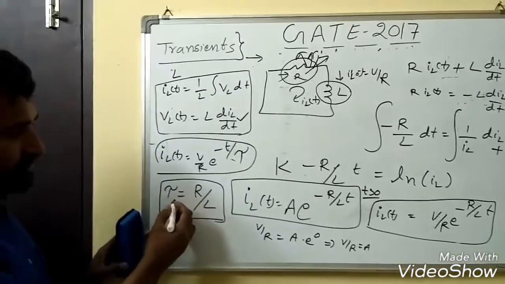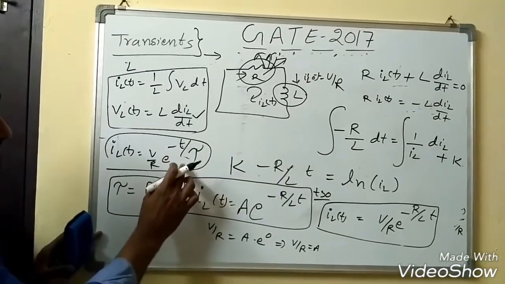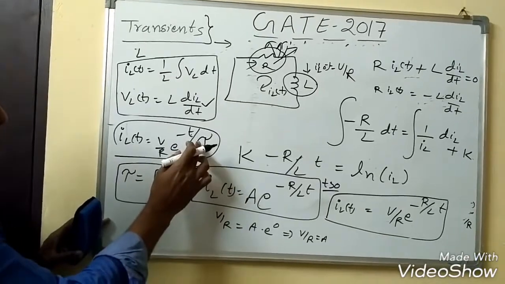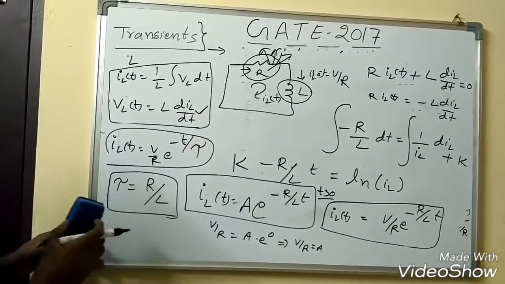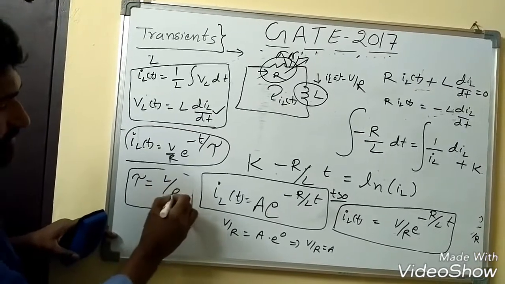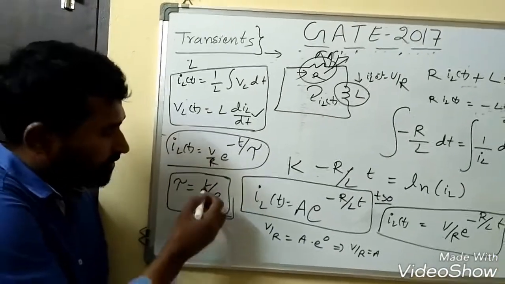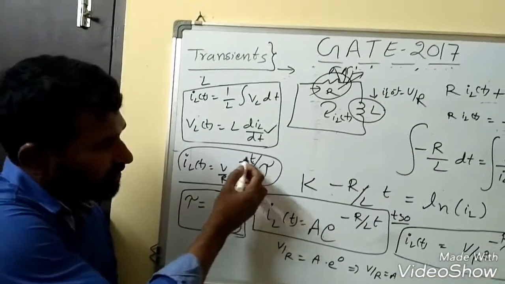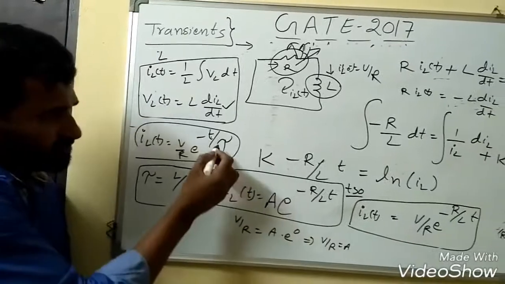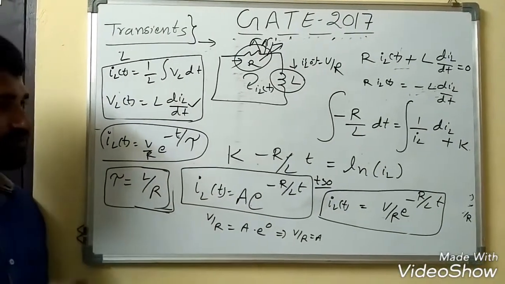This is the time constant in an inductor. Now there is a reason, tau is not R by L, it is L by R. So the time constant in the inductor is L by R. So when I substitute here, I will get R by L as like this. So tau is equal to L by R. This is the time constant in an inductor, always remember.